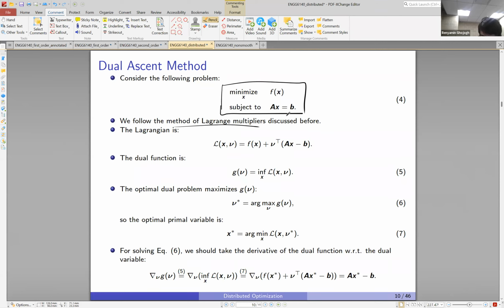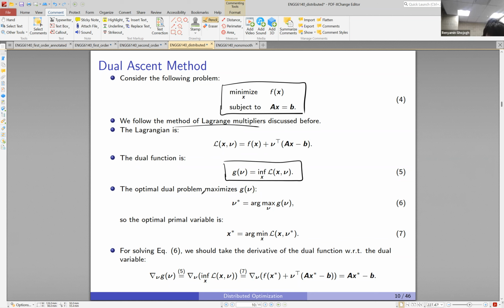And nu is a vector here, because you might have several equality constraints. This is a matrix times a vector, which is a vector. So we have several equality constraints. The dual function is this: g(nu) is the infimum, or minimum, of the Lagrangian L(x, nu) with respect to x. Recall the definition of the dual function.